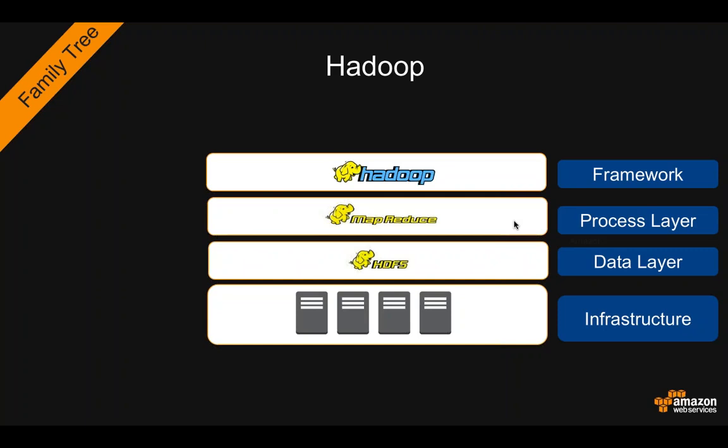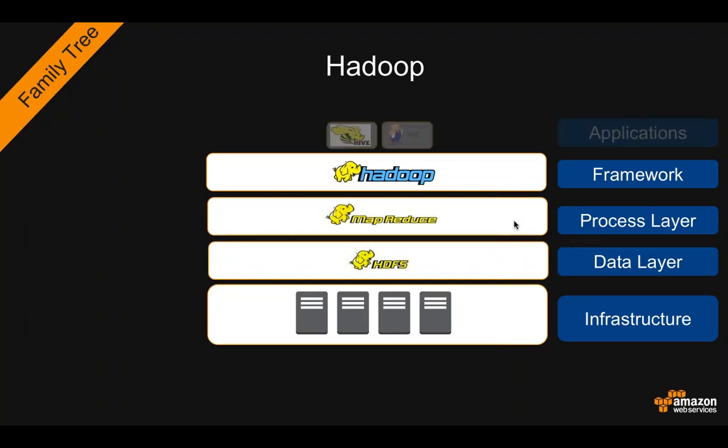Now, as with anything that we introduce in the IT industry, that was fine for a certain amount of time, and then people said, hey, we don't want to write to MapReduce directly because it's fairly low level. We're writing in low level languages like Java, which is fine if you're a Java developer, but if I'm a slightly more business facing user, I might want to use something that's a bit more business friendly, like say SQL, for example.